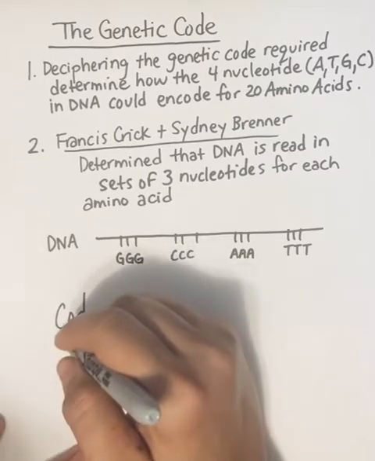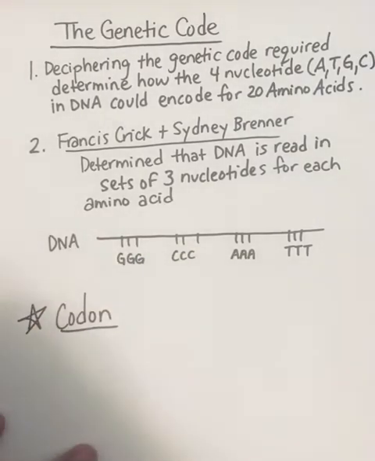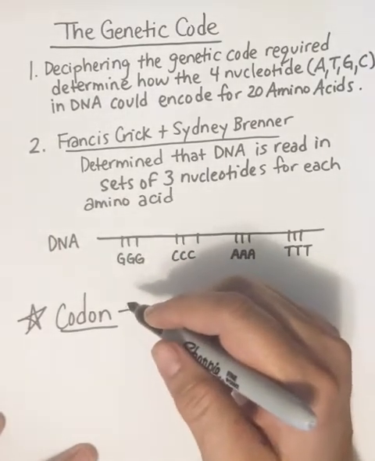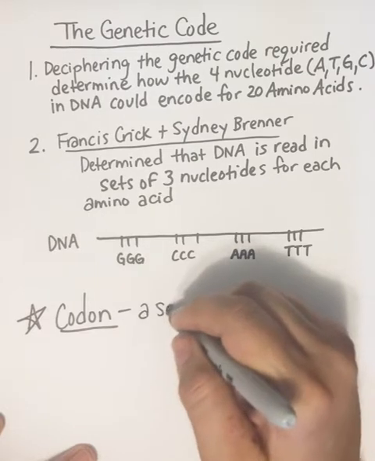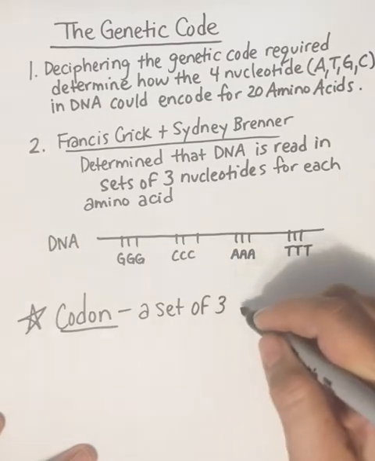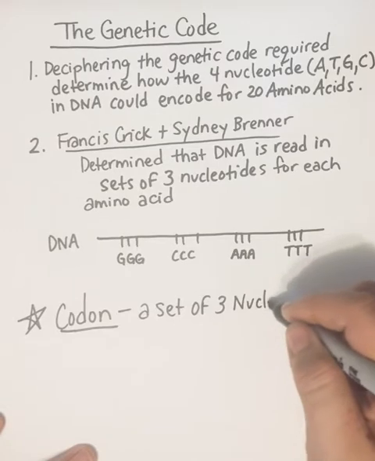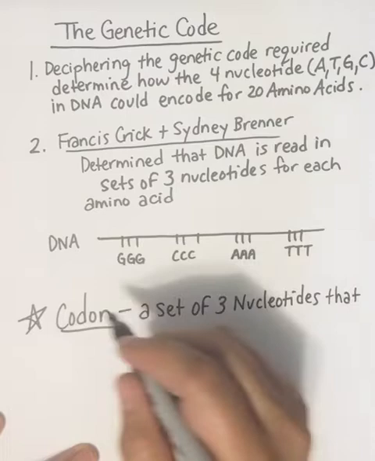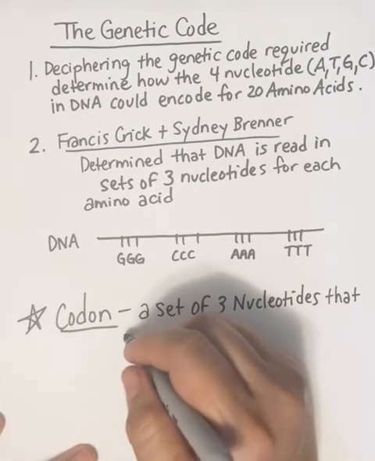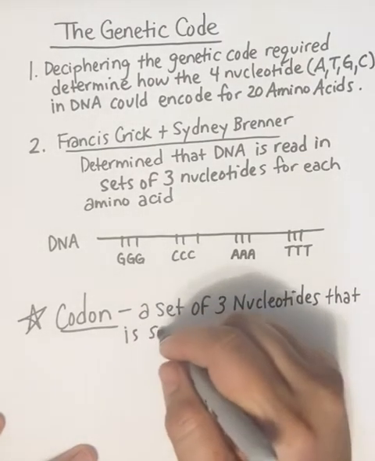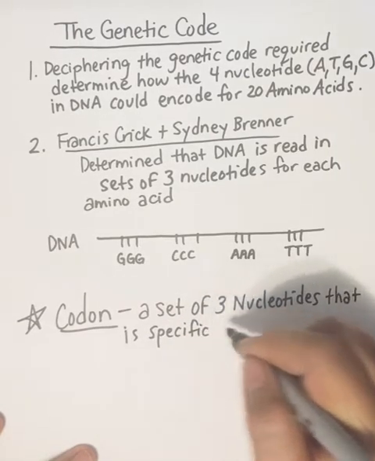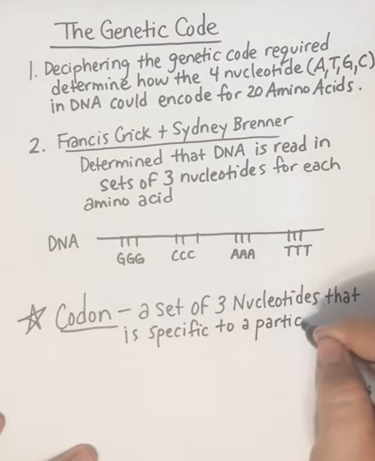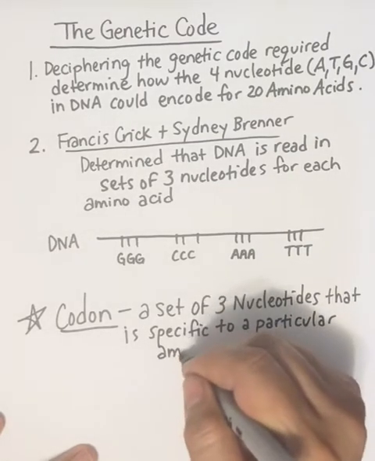When you talk about, I'm going to put a star by this, a codon is a set of 3 nucleotides that is specific to a particular amino acid.